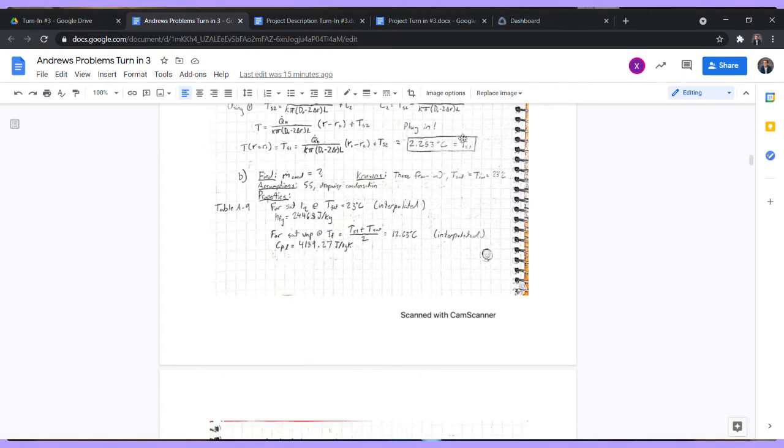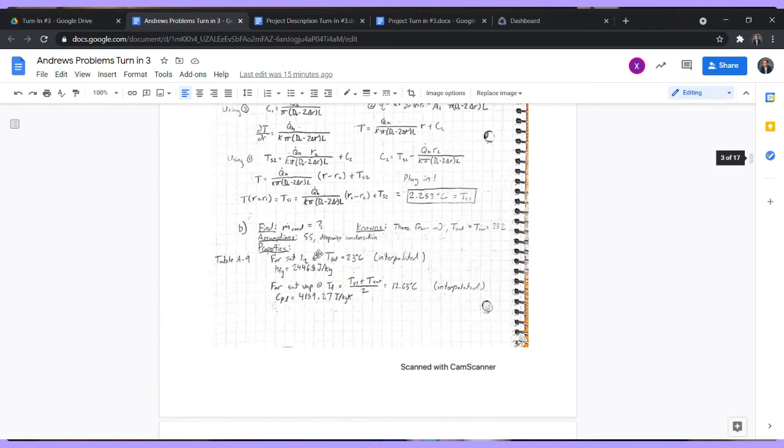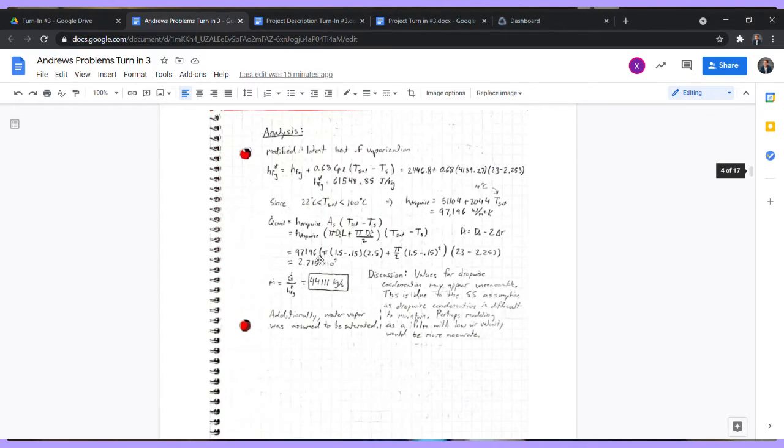To find the mass condensation rate, properties were gathered at the saturation temperature. Then the modified latent heat of vaporization was found, and then subsequently the heat transfer was found.